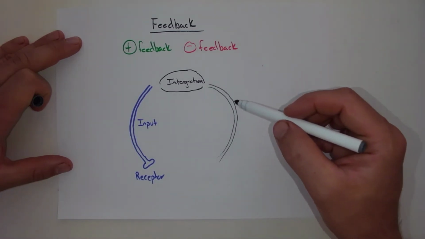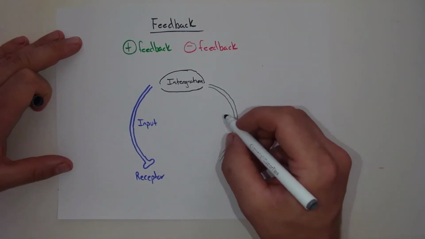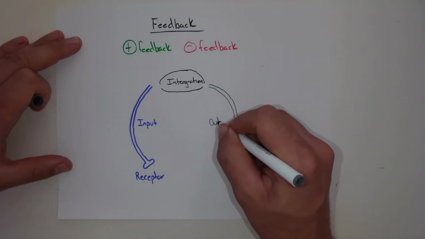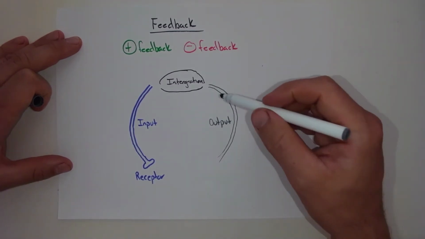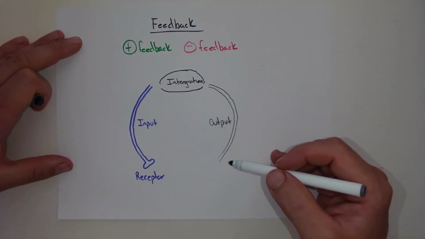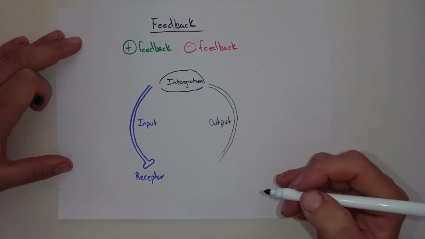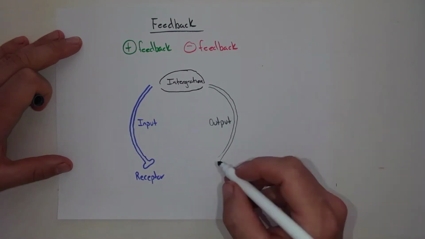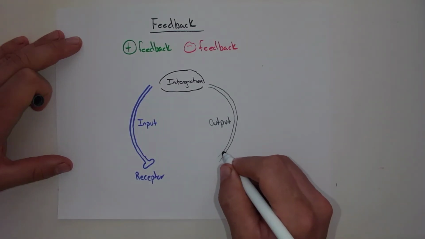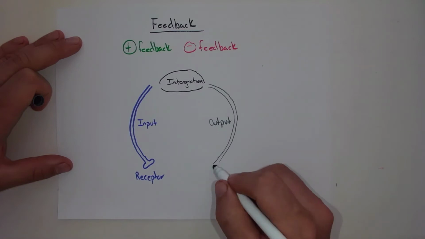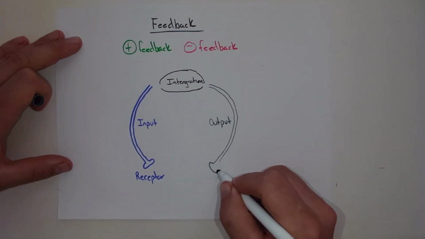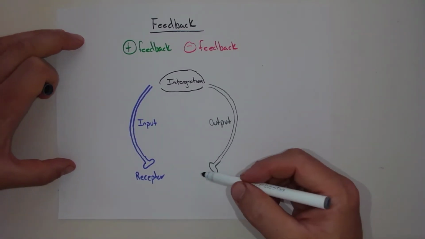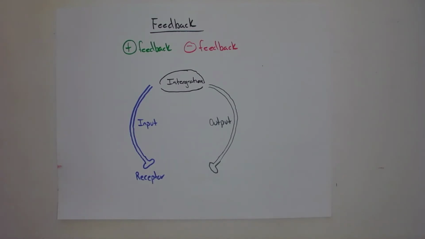But the integration center is going to send out some sort of output. Now this would be an efferent pathway for the nervous system or motor. For the endocrine system, this is going to be the bloodstream carrying some kind of signal out to an effector.